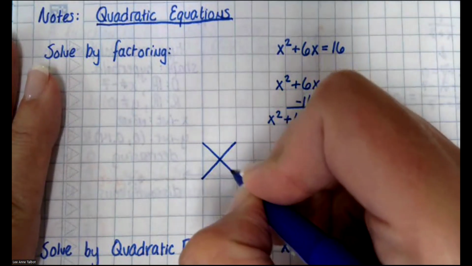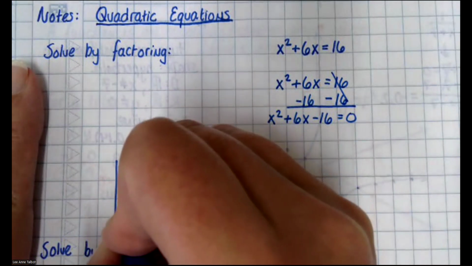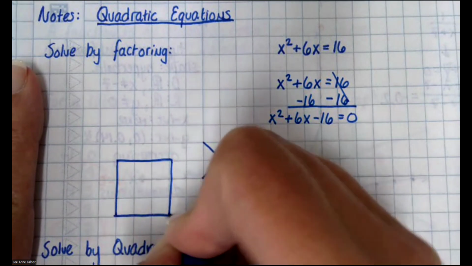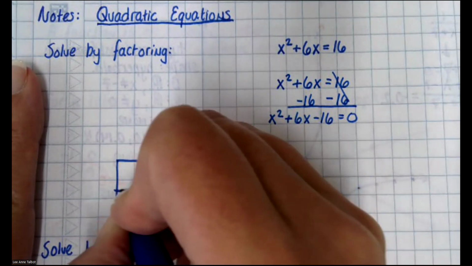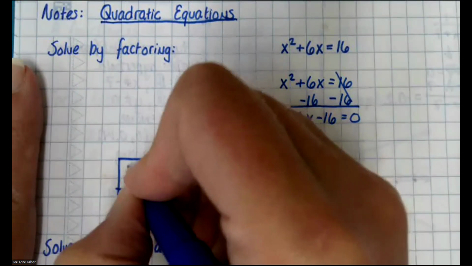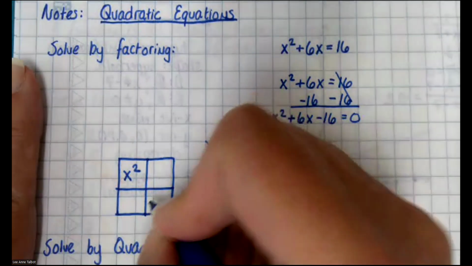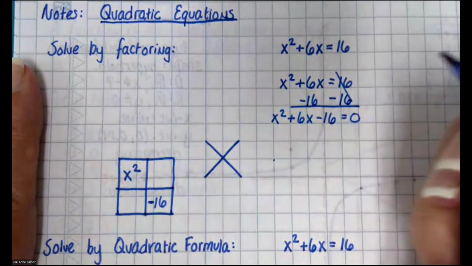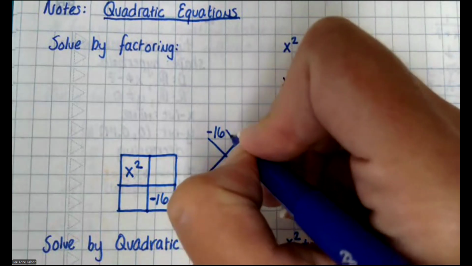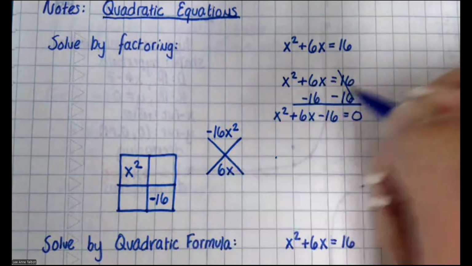So x squared in the first box, negative 16 in the last box, negative 16x squared, and 6x.